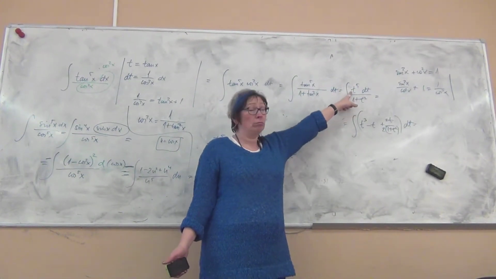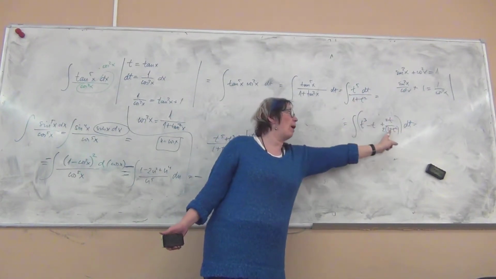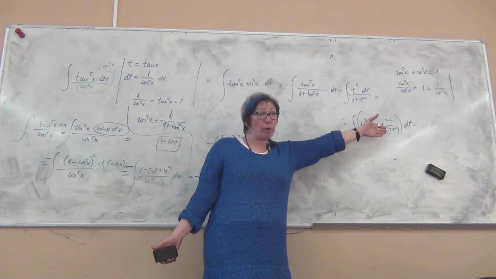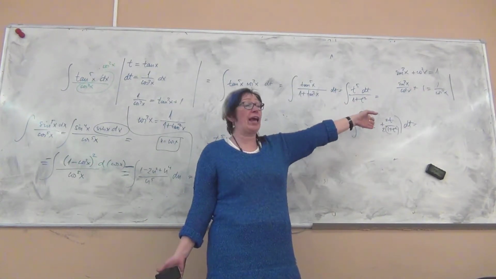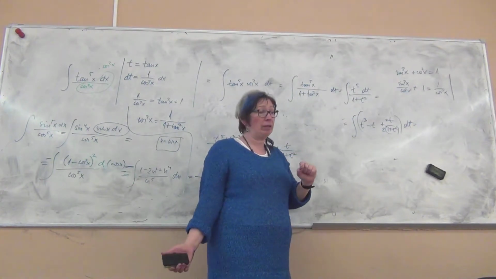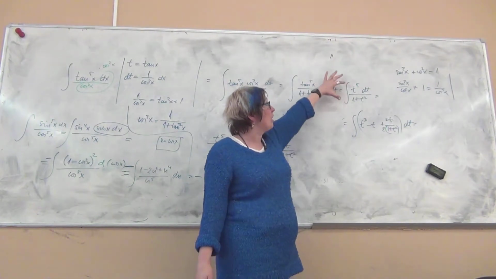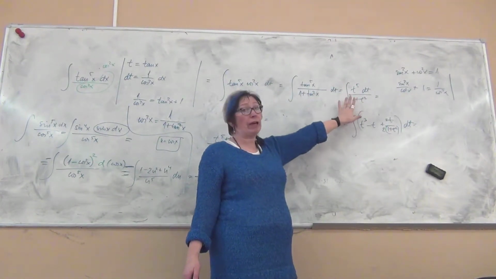If the power of the numerator is less than the power of the denominator, then the fraction is proper, and proper fractions can be integrated easily, or perhaps not so easily, but that's for next week. Improper fractions need to be simplified first.